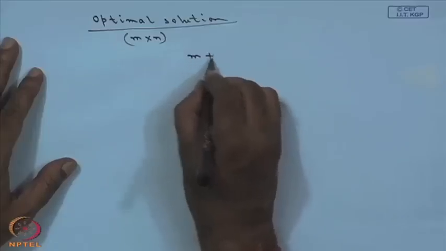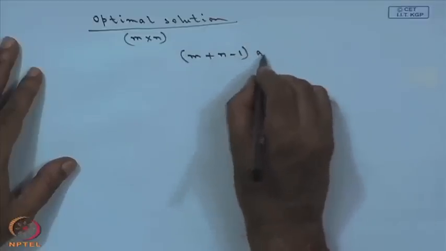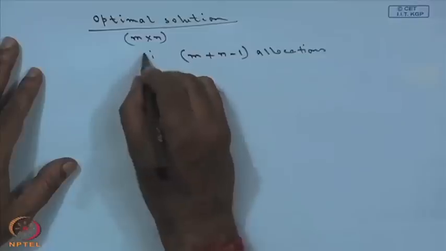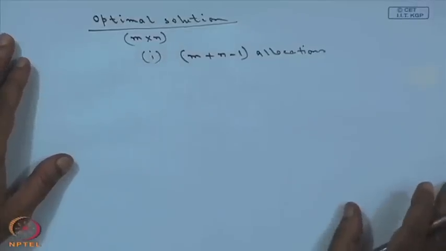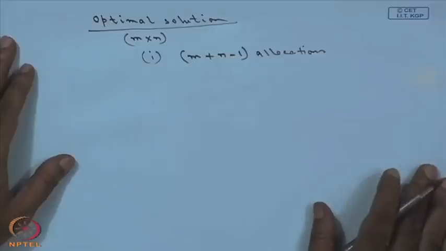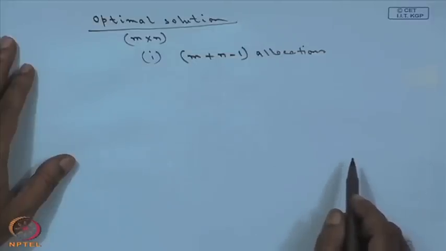Please note this one: your initial basic feasible solution will be non-degenerate if we have made exactly m plus n minus 1 allocations in the initial basic feasible solution.